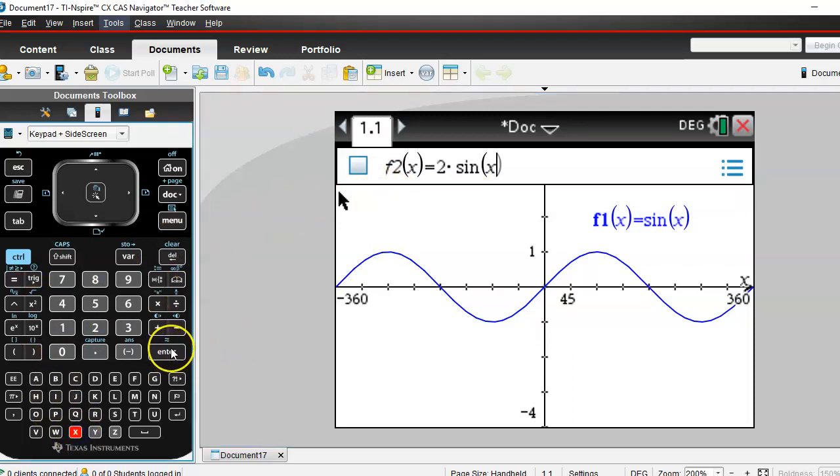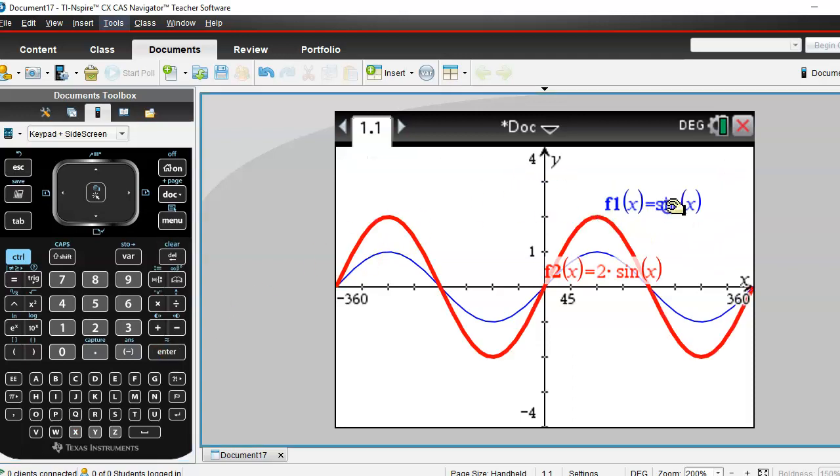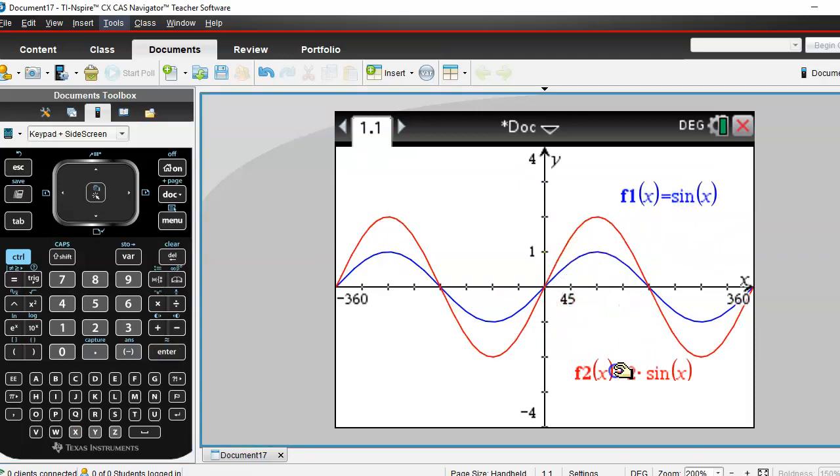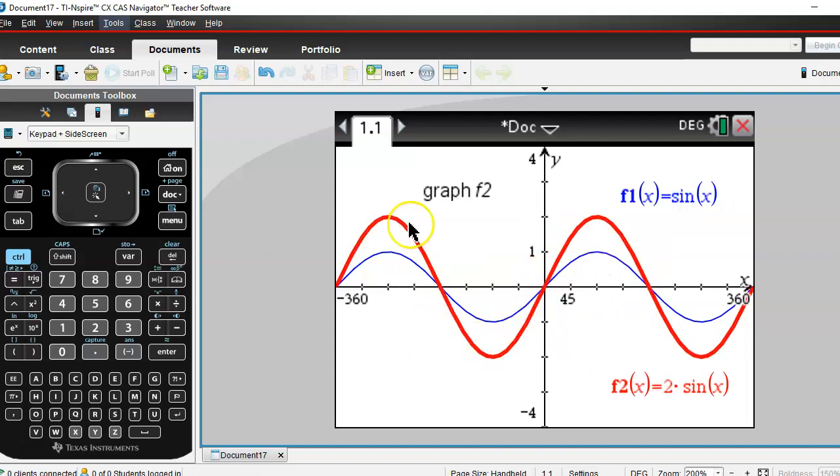Now, before I hit enter, what do you predict it's going to look like? Get that picture in your head? Enter. Now, if you said it's the same shape, but it goes a bit higher, you'd be correct. So you can see here, it's just 2 times the values of the original sine graph, which is blue.